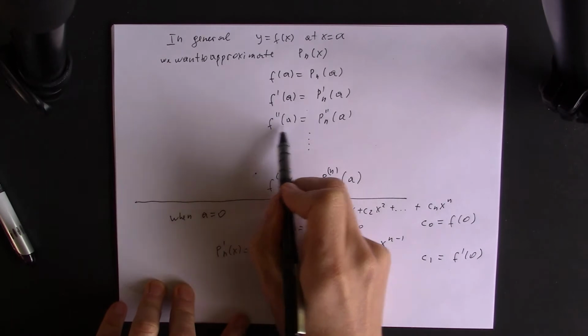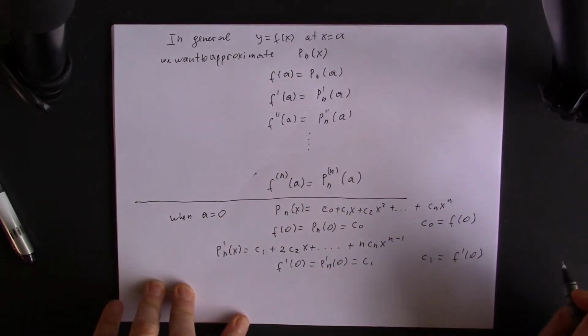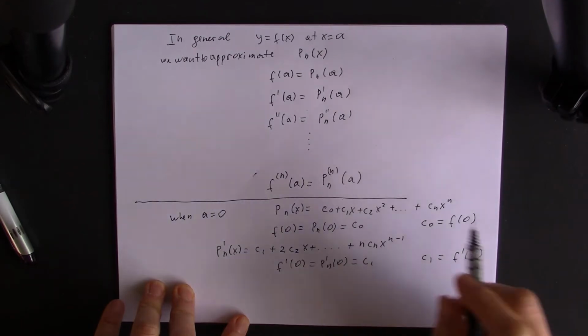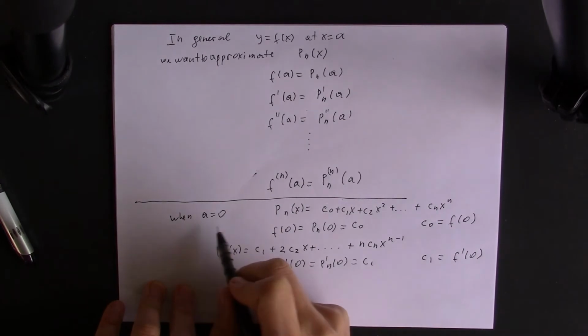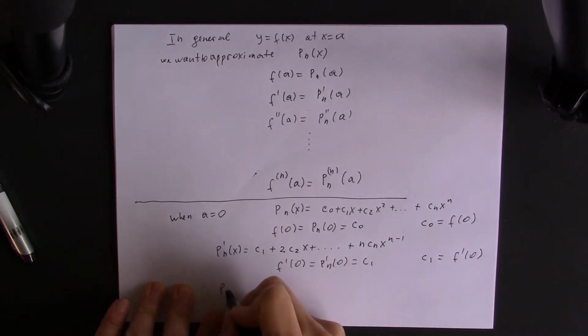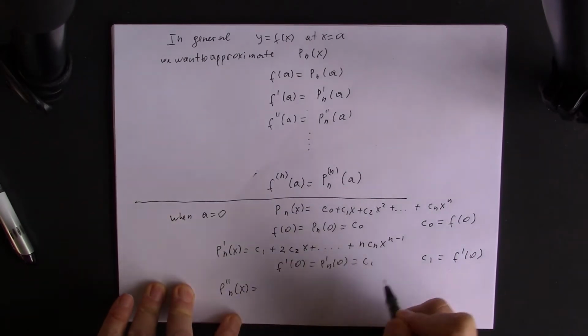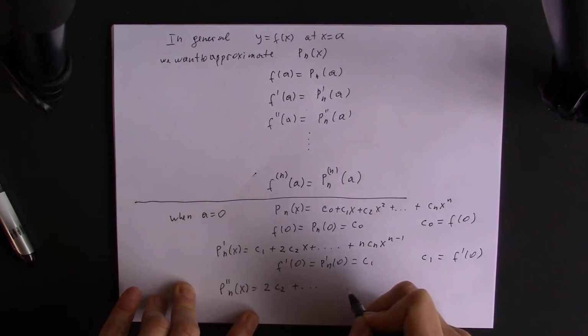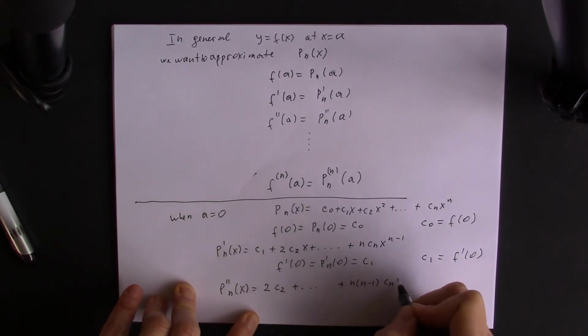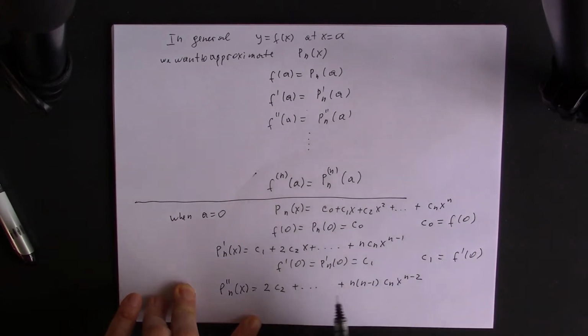Now we're going to use the third line, that the second derivative of the function should be equal to the second derivative of the polynomial when x equals 0 in our case. So we need to find the second derivative of the polynomial. Taking the derivative of that expression, we get 2c2 plus and so on, plus n times n minus 1 cn x to the n minus 2.